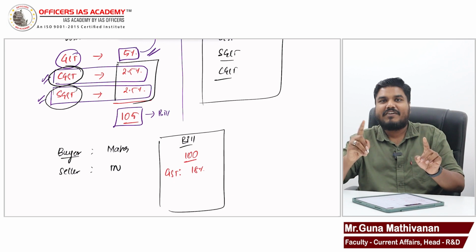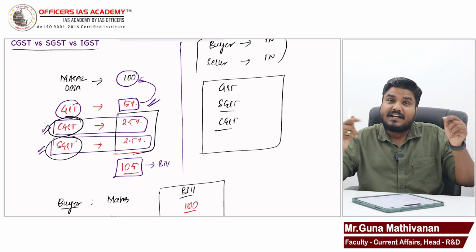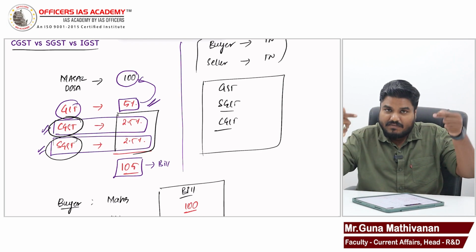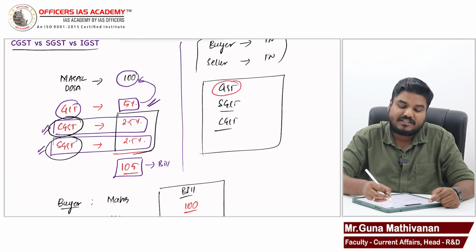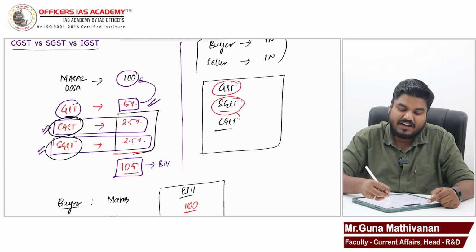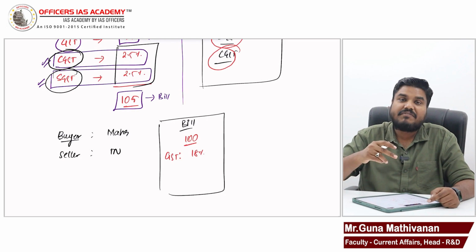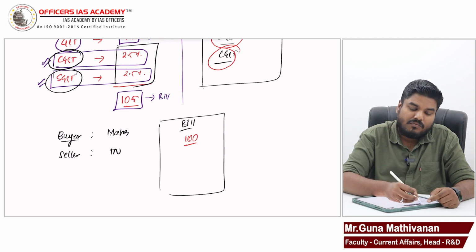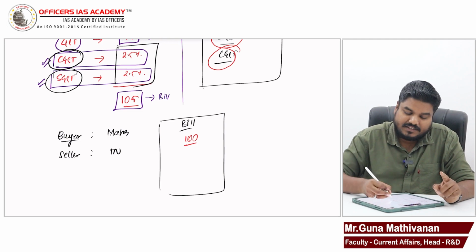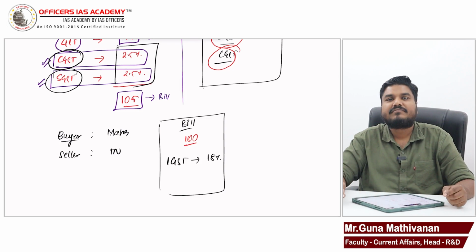But you will not find the CGST, SGST information. If it is intra-state, within Tamil Nadu, in that bill you will find GST, SGST and CGST, all this information. But if it is interstate, you will find only one item, that is IGST, let's say 18%.